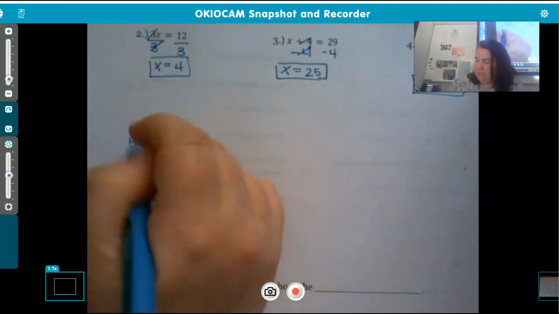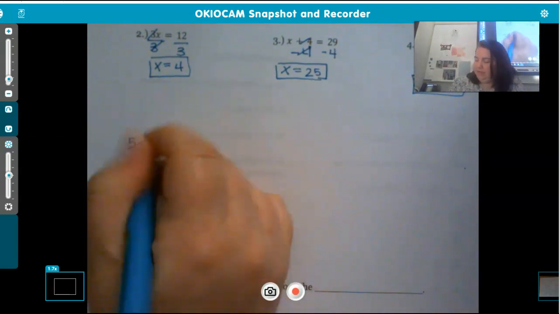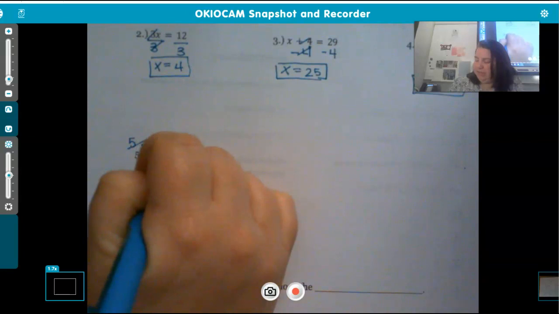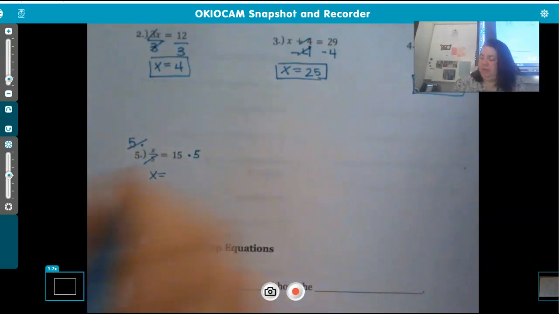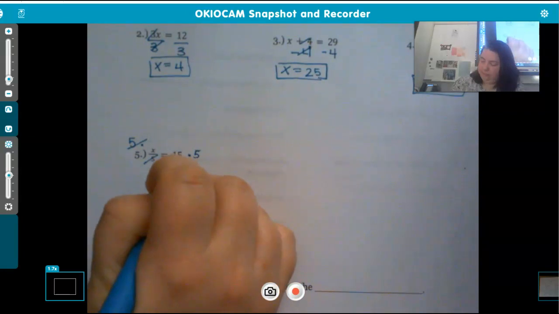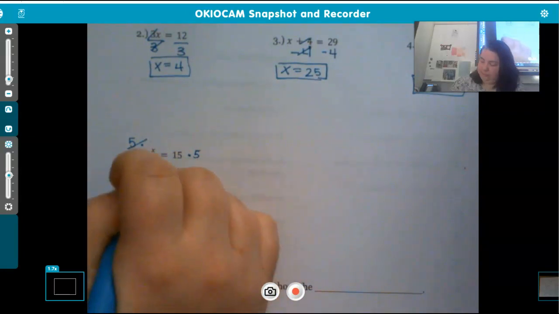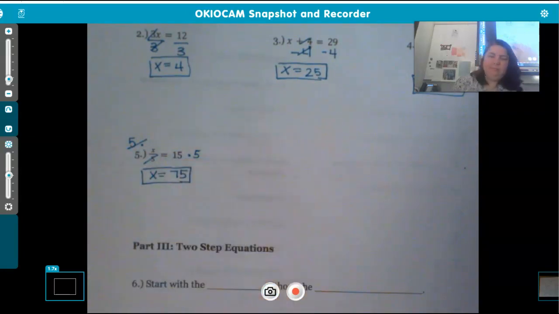So I multiply both sides by 5. My 5s cancel each other out. I bring down my x. I bring down my equal sign. What is 5 times 15? 75. Okay, I'll give you guys a second to get caught up on that.